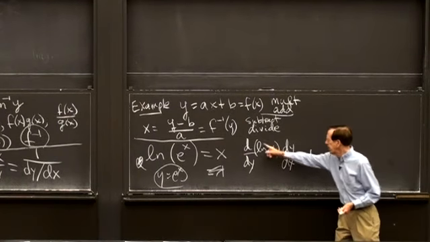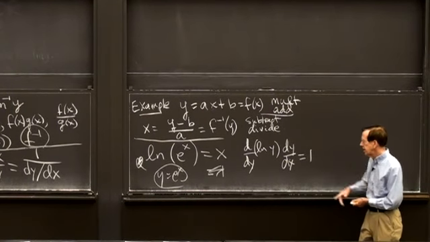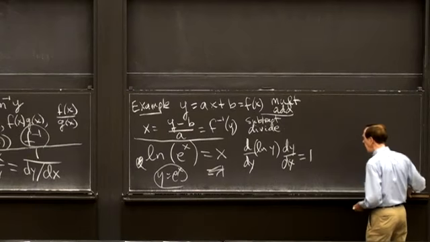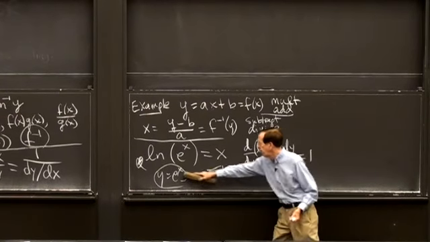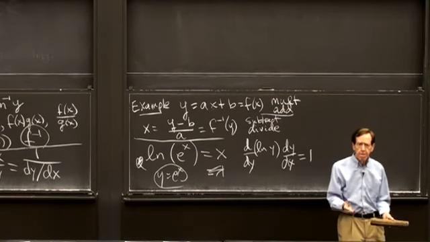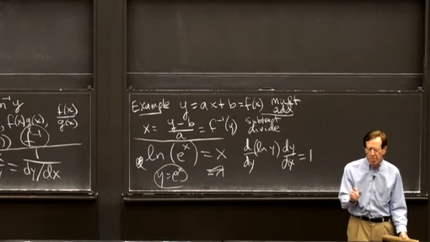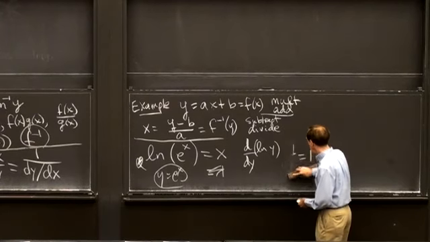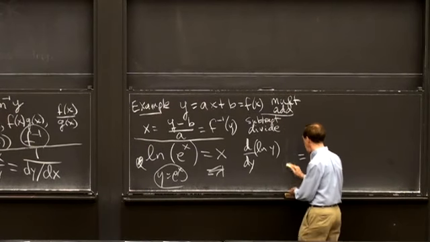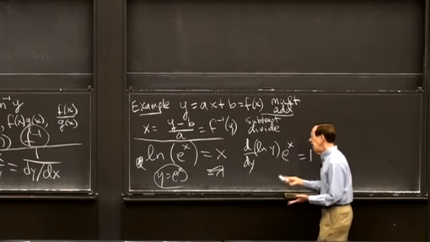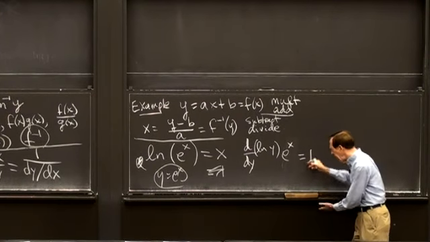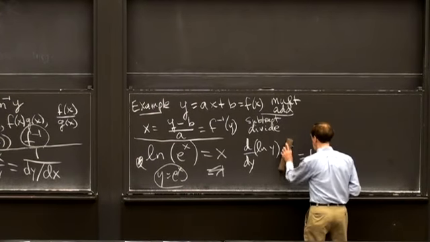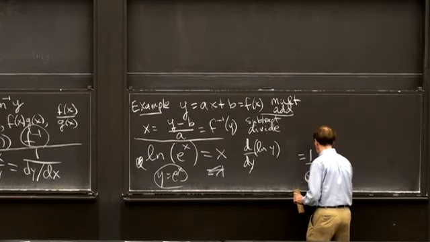Now I'm going to learn what this is, because I know what dy dx is, the derivative of the exponential. Well, now comes the most important property, the one we used to construct this exponential. dy dx is e to the x. No problem. Okay? And now I'm going to divide by it to get what I want.